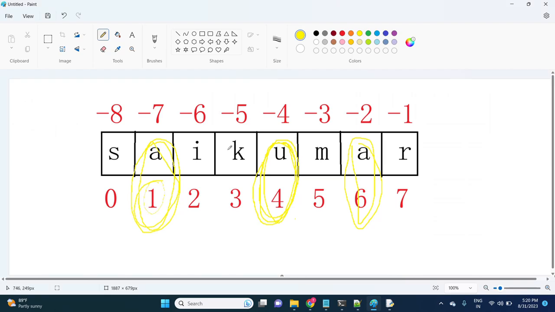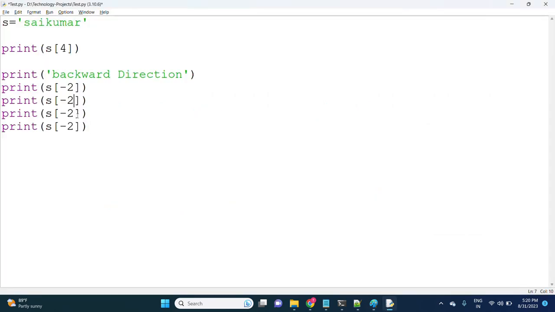So minus 2, I want the element at minus 8, minus 1, and at minus 10.